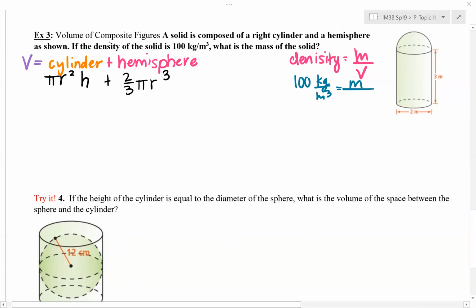So looking at our cylinder, what is the radius? 1. Good. So they're telling us that the diameter is 2, so that means the radius is 1 meter. So we got pi times 1 squared times our height is 3.